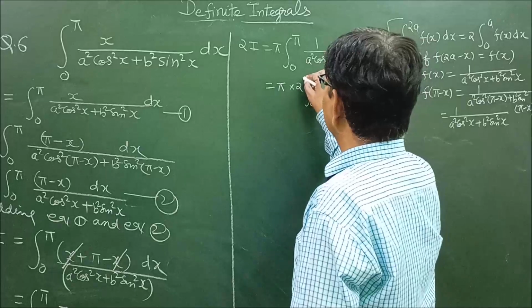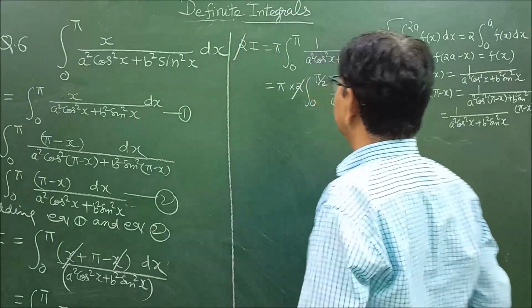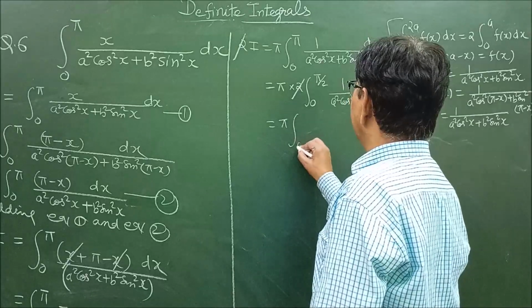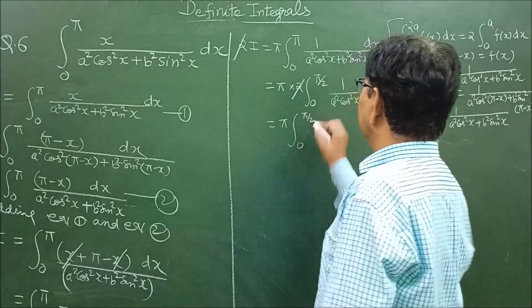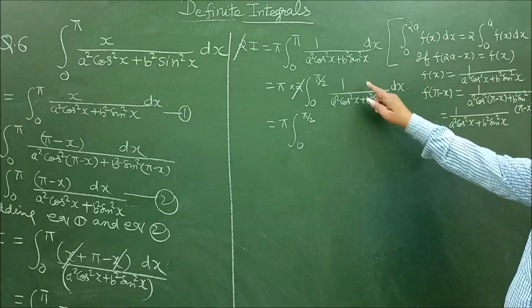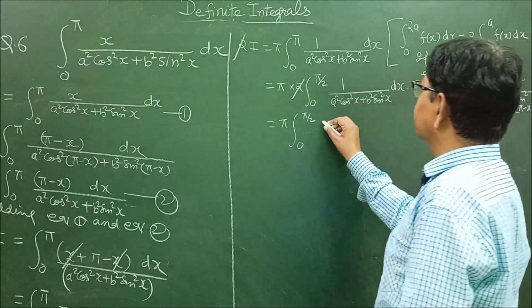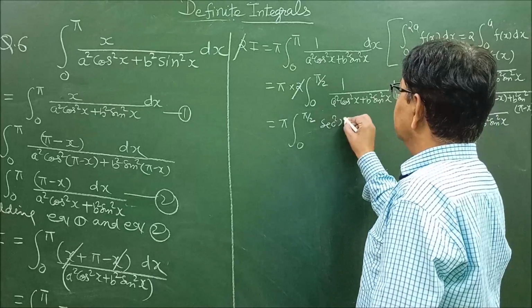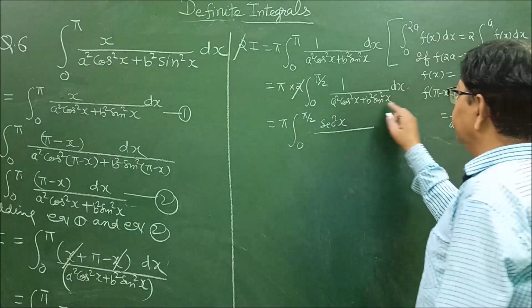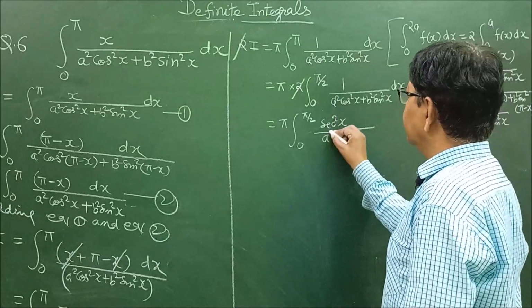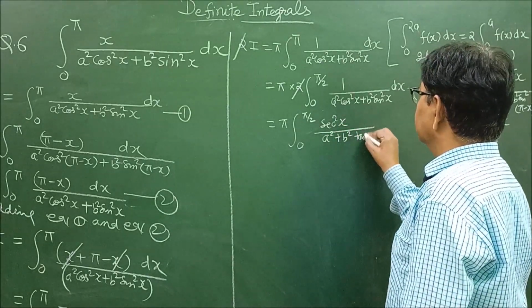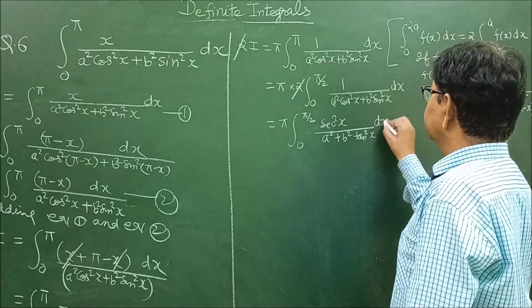Here 2 and 2 are also cancelled, so I is equal to pi times the integral from 0 to pi by 2, and dividing the numerator and denominator by cos square x, we get in the numerator sec square x, and in the denominator a square plus b square tan square x, dx.